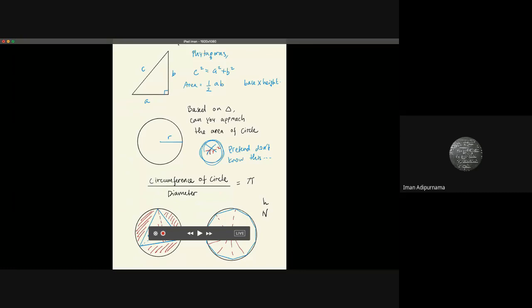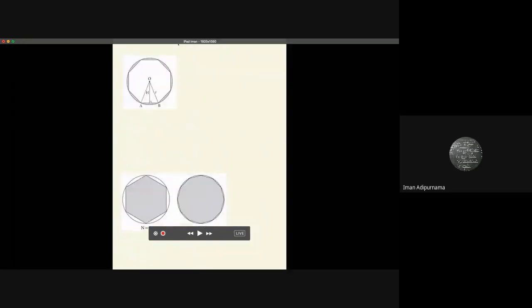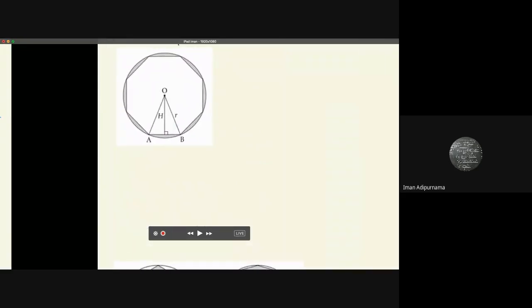Let me draw in the next page. Like this one. See here, h is the height, and AB is our base. So the area of a triangle is half AB h, right?